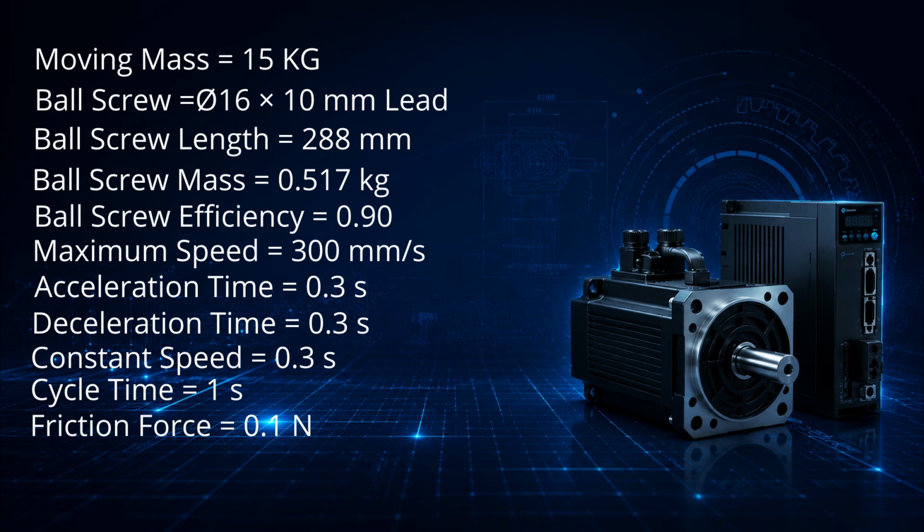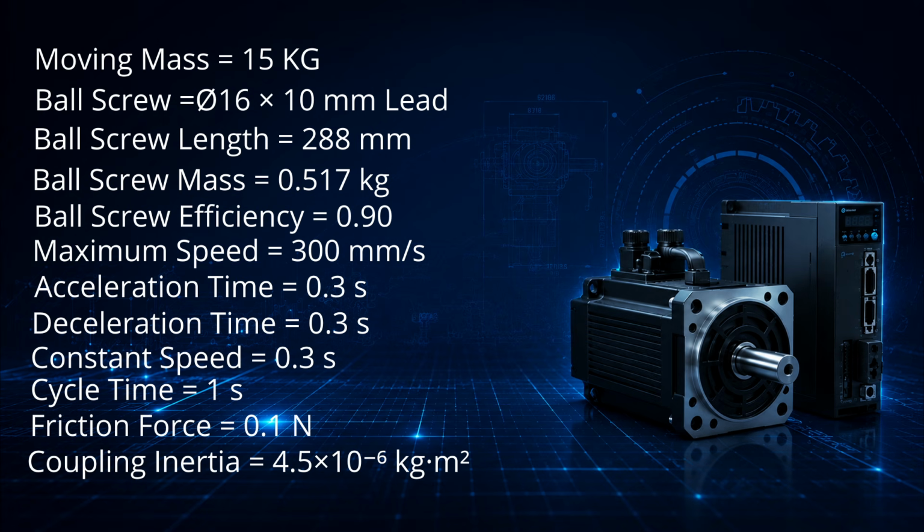Friction force, which is 0.1 Newton, we have considered. Coupling inertia is 4.5 multiplied by 10 raised to minus 6 kg meter square. This value is also taken from a manufacturer's catalog. Our required motor speed is 1800 rpm, which we calculated in a previous video.